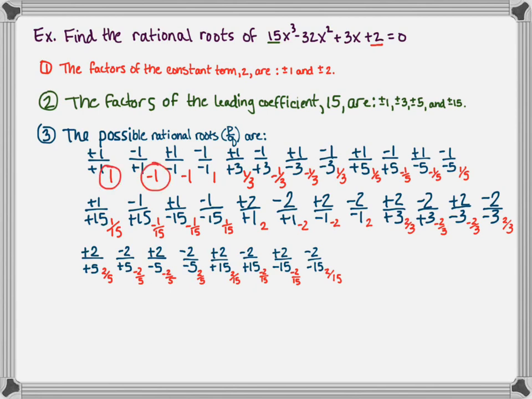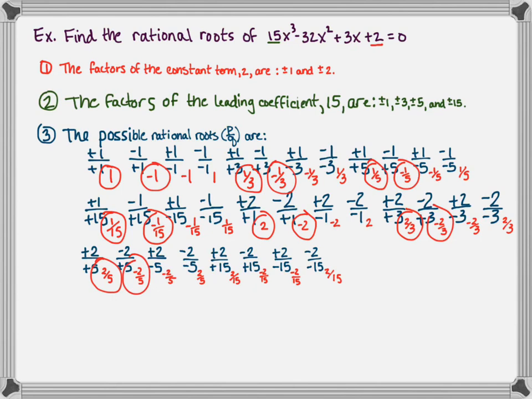So we have 1, negative 1, 1/3, negative 1/3. I'm eliminating the repeats. I have 1/5, negative 1/5, 1 over 15, negative 1 over 15, 2, negative 2, 2/3, negative 2/3, 2/5, negative 2/5, 2 over 15, and negative 2 over 15. These are the possible rational roots.